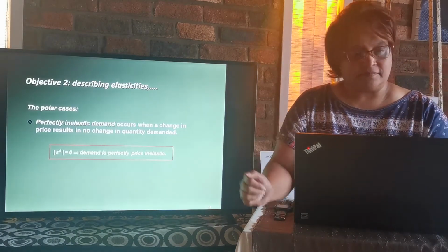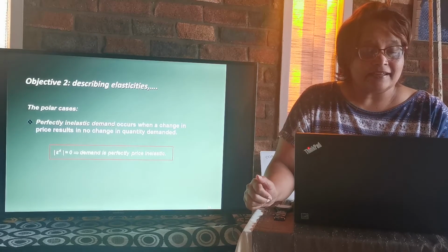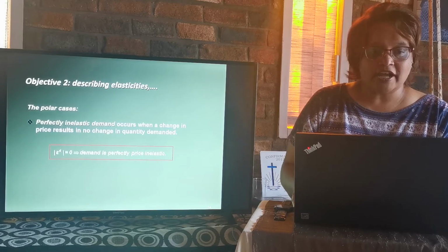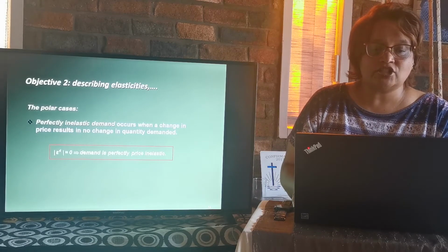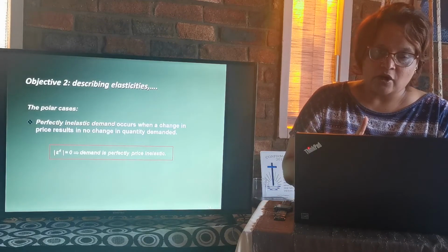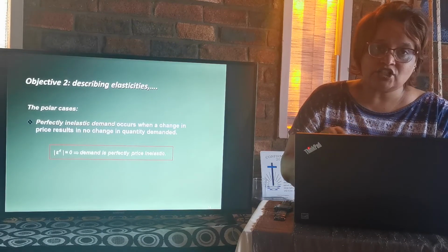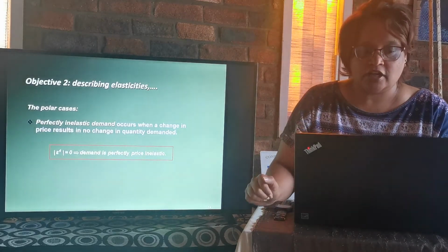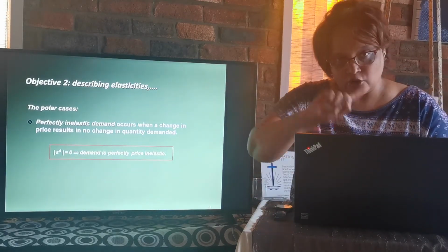Now the opposite. Perfectly inelastic demand occurs when a change in price results in no change in quantity demanded.